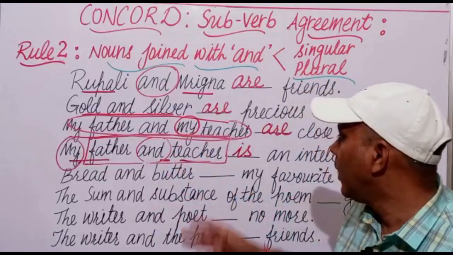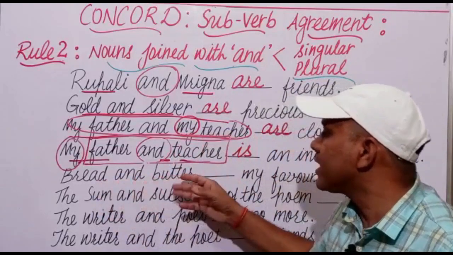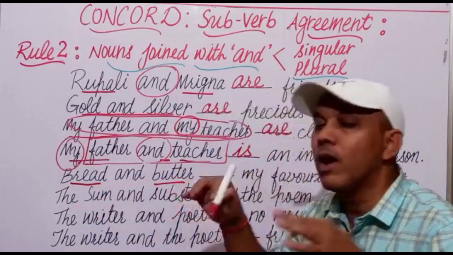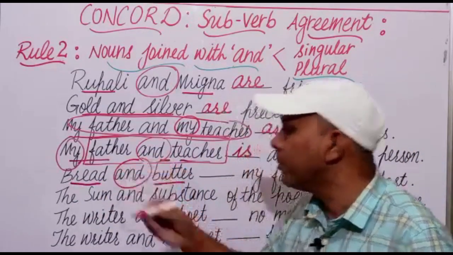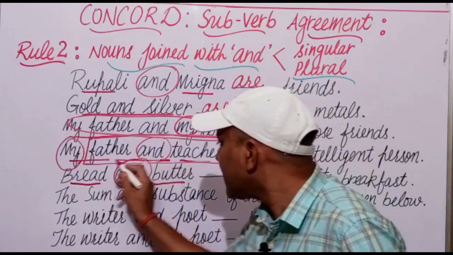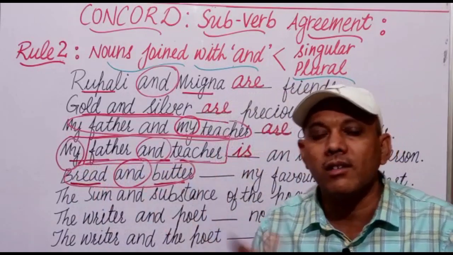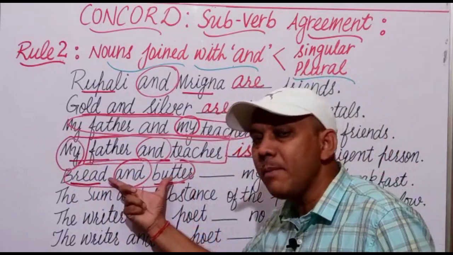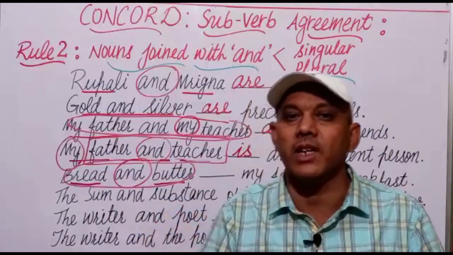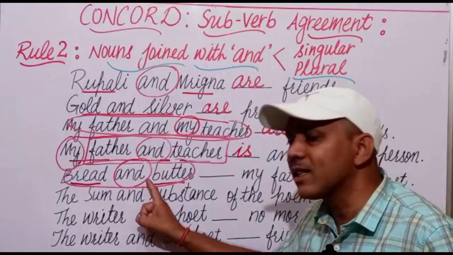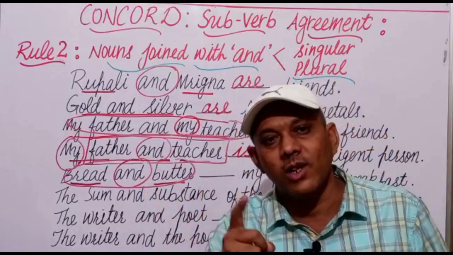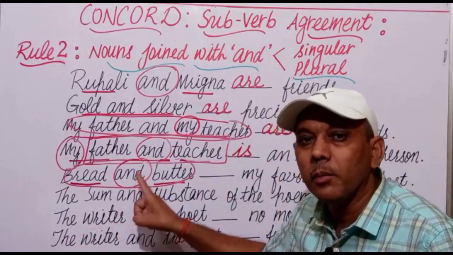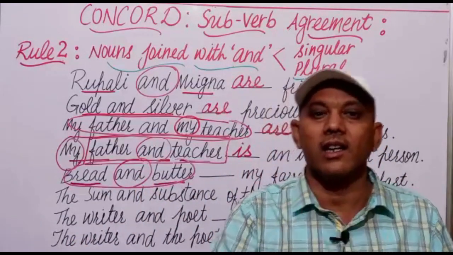आपको इस प्रकार से sentences में ध्यान रखना है. For example, one more example is there, bread and butter. Of course, bread is a noun, butter is one more noun joined with and. But bread and butter is used as a unit, as a single unit. So here bread and butter becomes a singular subject. And for a singular subject, we shall use a singular verb, not a plural. यहां आपको and देखते ही plural verb fill in नहीं करनी है.